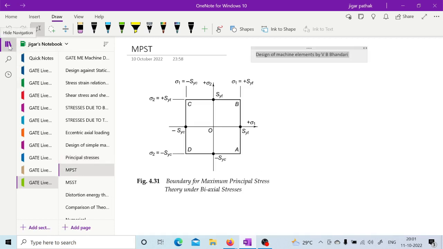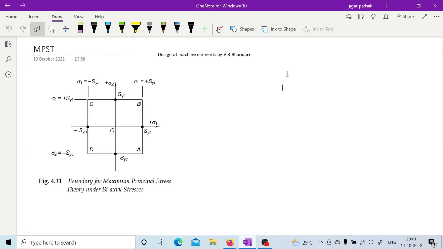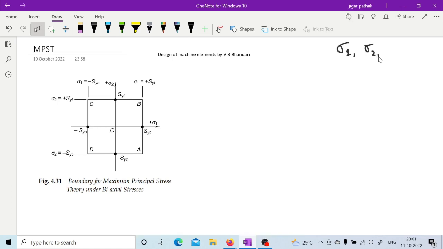Sir, when does the condition of plane stress arise in practical situations? Plane stress arises when stress is generally acting in all three directions, sigma 1, sigma 2 and sigma 3, or sigma x, y and z.